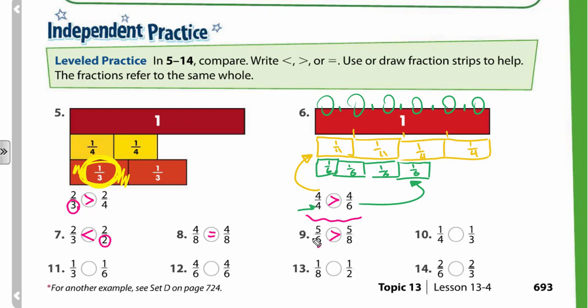Al Hassan, go ahead. 1/4, 1/3. 1/3 because it has smaller denominator, so bigger fraction, bigger parts. Excellent. Good work, my hero. Usama?